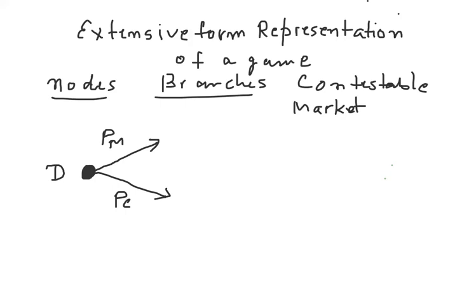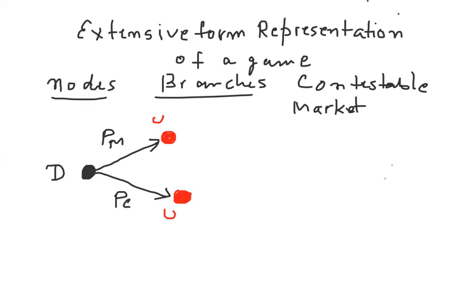And then United will observe what Delta did, and then United has two decision nodes. So these are the decision nodes for United. You can write U here and U here. And United has two strategies to play the game.